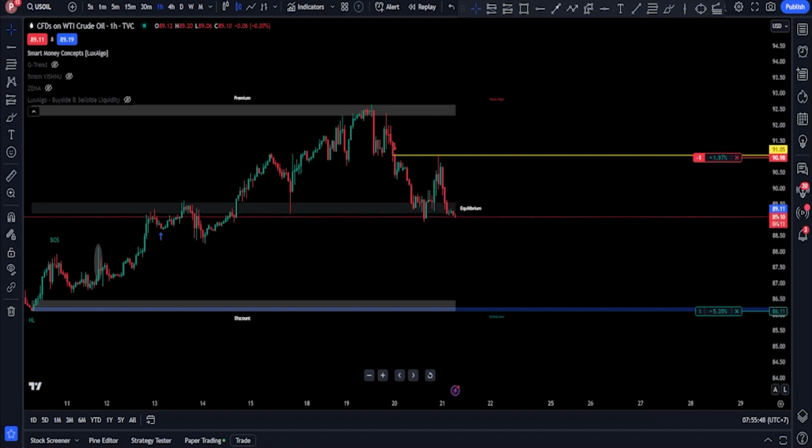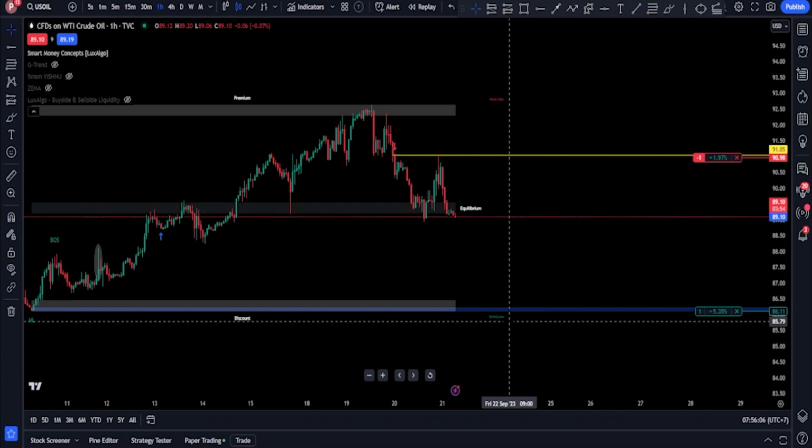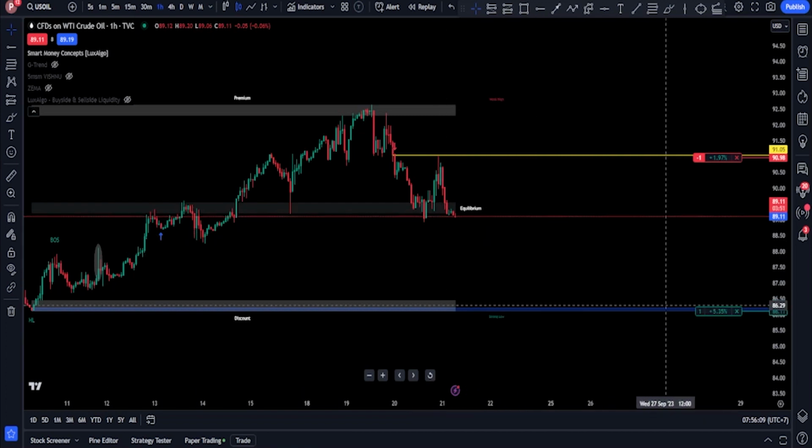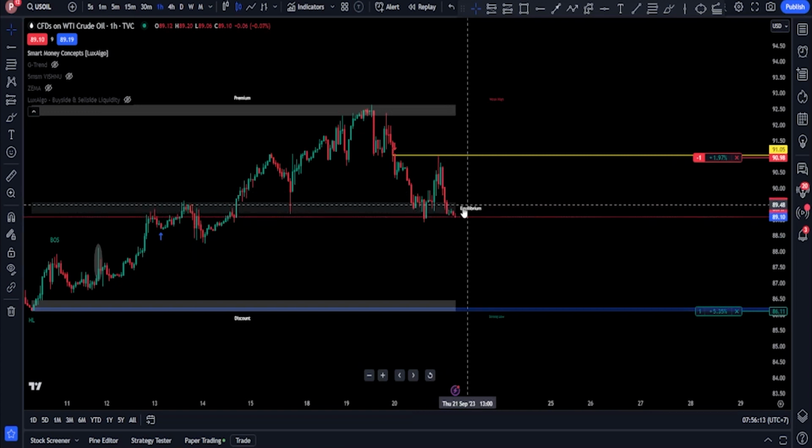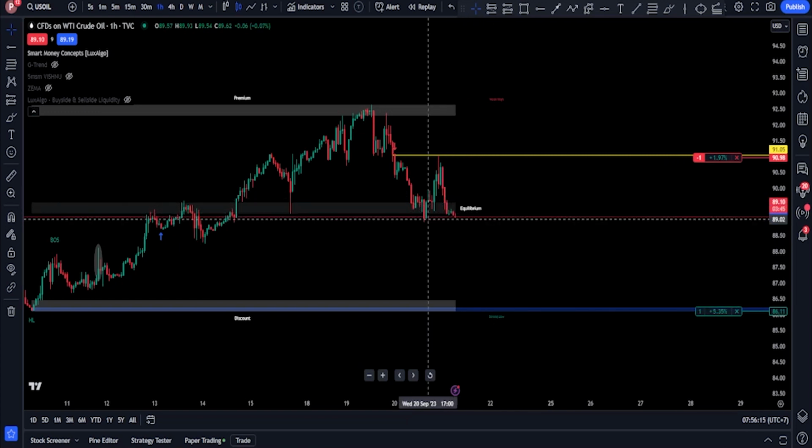Currently, the price value of this asset, US oil, is being traded at $89.10. That's as of today's date, which is September 20th, and as of 3 minutes and 55 seconds left in that candle. All right. What I'm saying is, this right here is a real-time correlation of how it's being traded on the actual market.